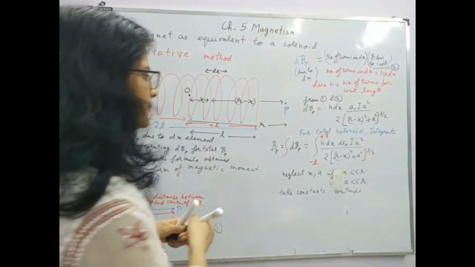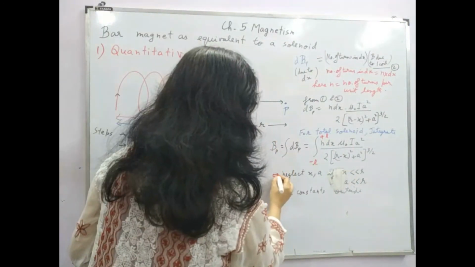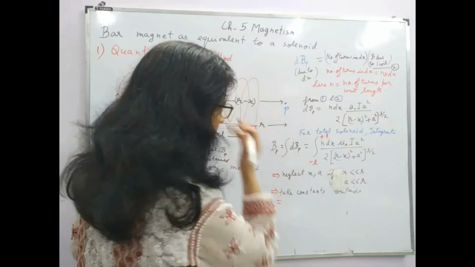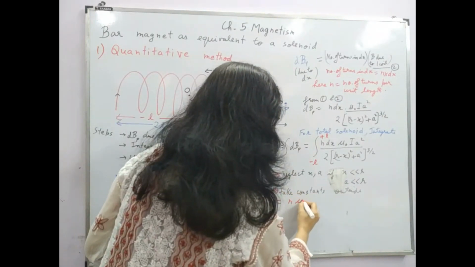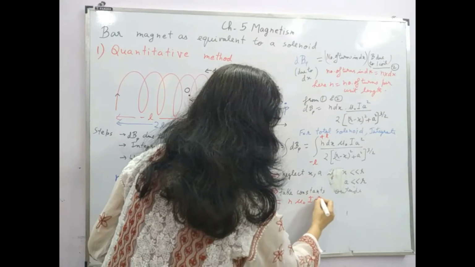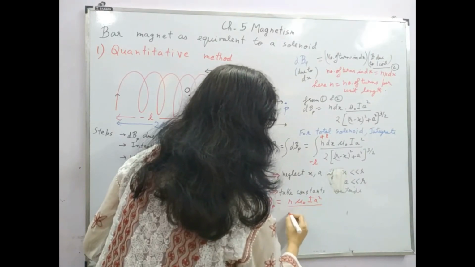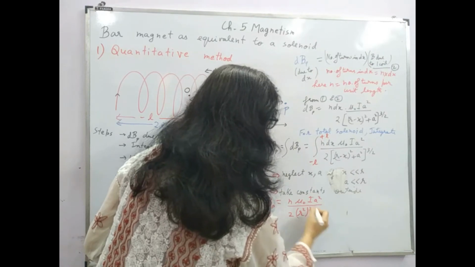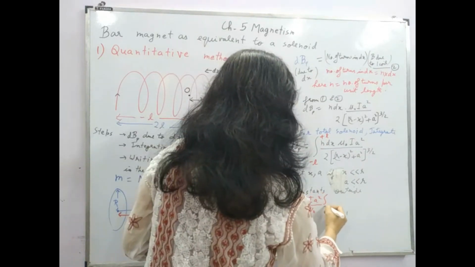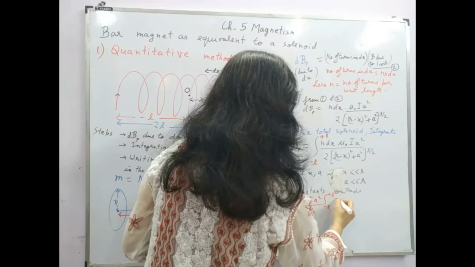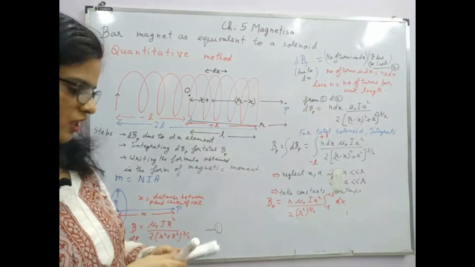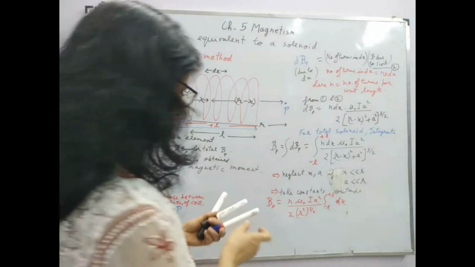So from here, these are important steps. So B at P will be n mu naught I a square upon 2 r to the power 2 to the power 3 by 2, and integrate minus L to plus L, and this is dx. For dx the integration is x, right?